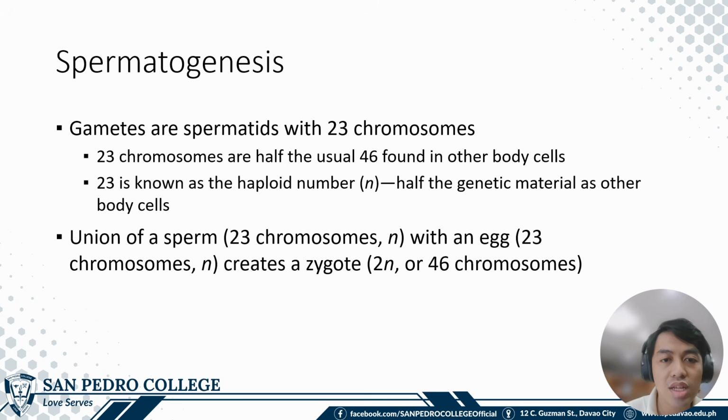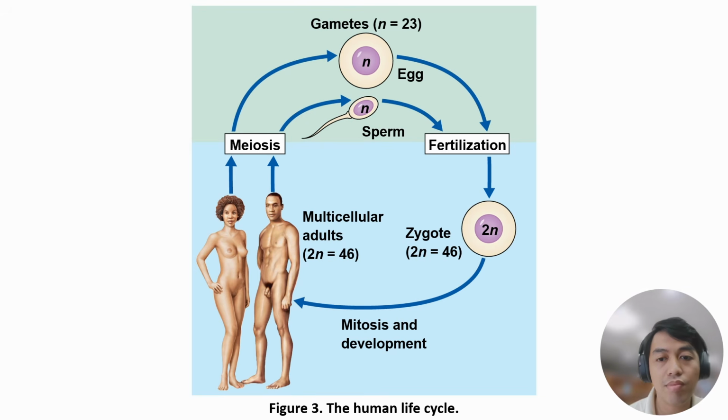The reason for that is that the 23 chromosomes of the sperm will have to fuse with the egg that also has 23 chromosomes, such that the 23 chromosomes of the sperm and the 23 chromosomes of the egg will comprise the new set of chromosomes of the resulting zygote.